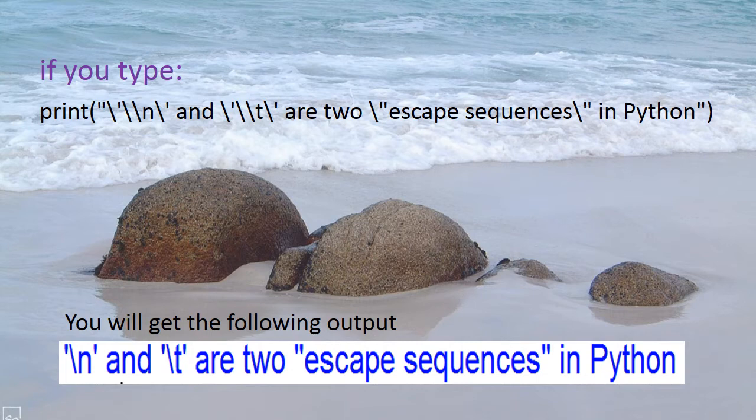If you type the following statement, print with escape sequences for single quote, \n, \t and double quotes, you will get the following output: \n and \t are two escape sequences in Python.